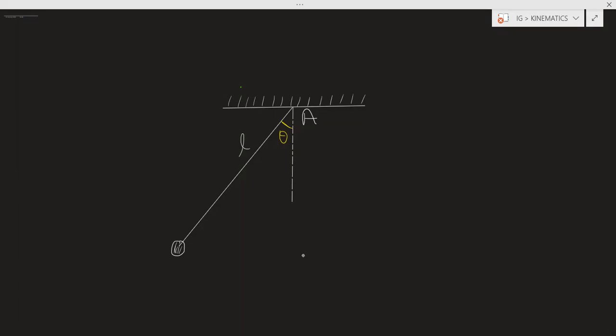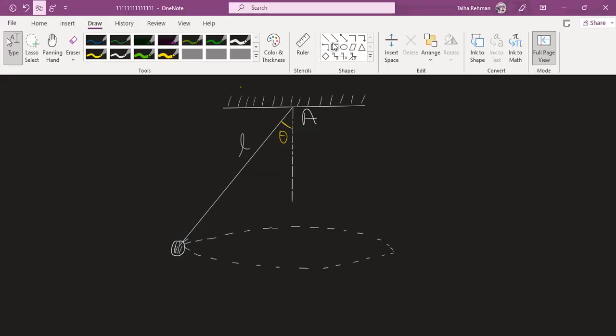Means this particle is moving something like this.